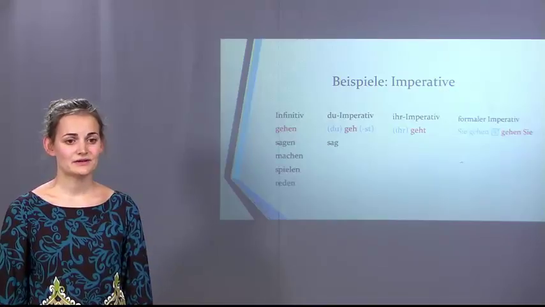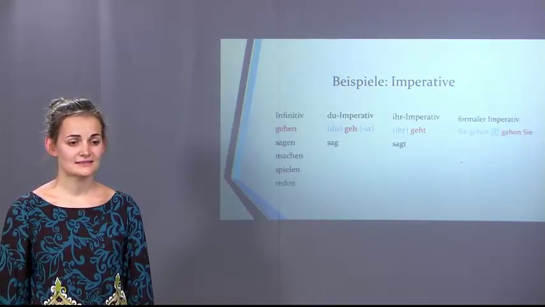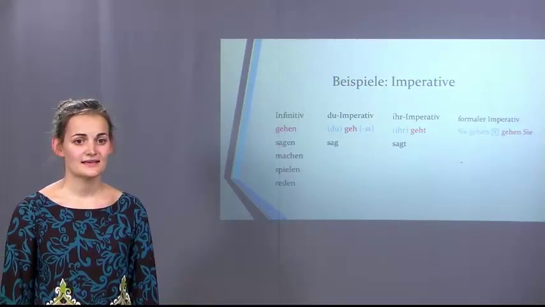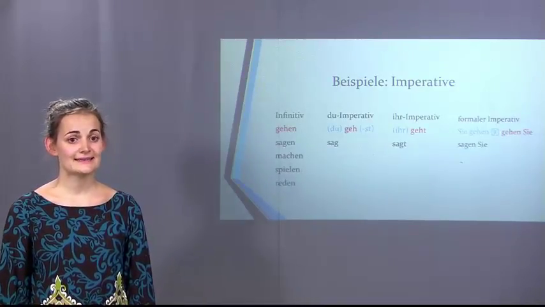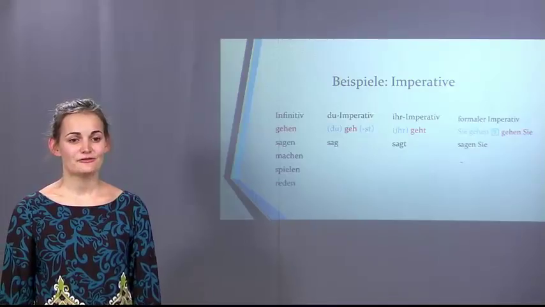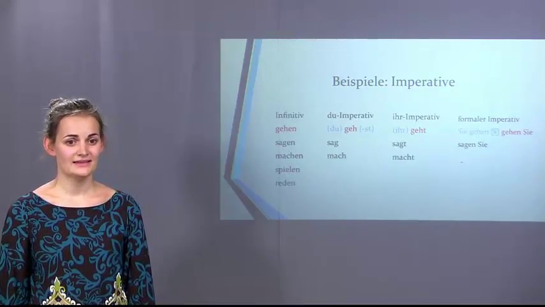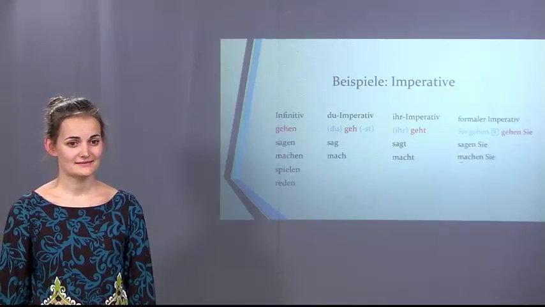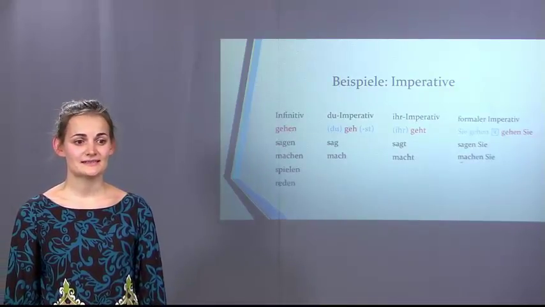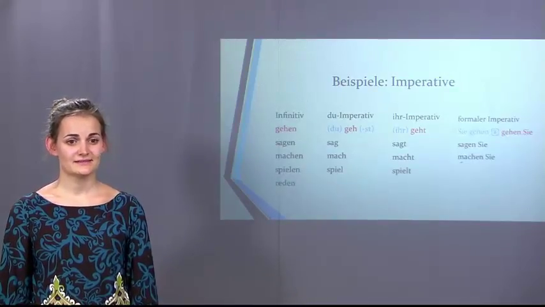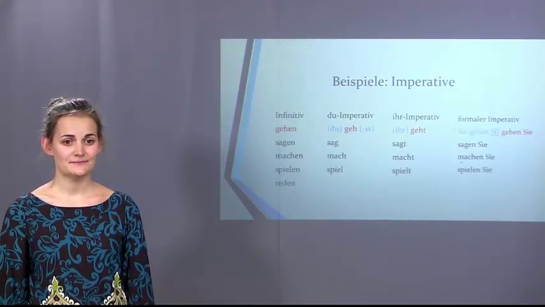In the ihr imperative, it is sagt, if you give the command to more than one person in an informal setting. In the formal setting, it is sagen Sie. Now for machen, it is mach, macht, and machen Sie. For spielen, it's the same pattern. Spiel, spielt, and spielen Sie.